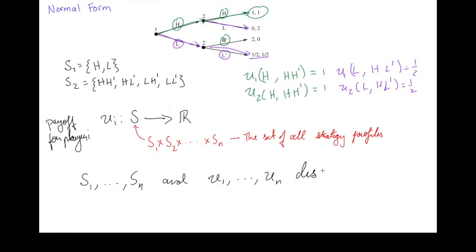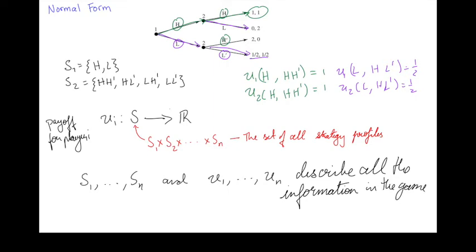So these describe all the information in the game. And so this is called a normal form.